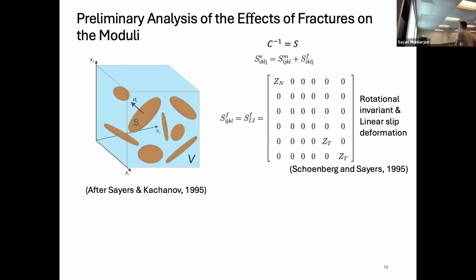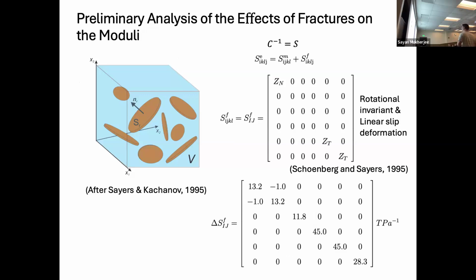Next, we also try to play with some theory to help us predict the role of fractures and how they influence the overall elasticity. This theory is from Stromberg and Sayers. We can quantitatively calculate the additional contribution to the compliance matrix.